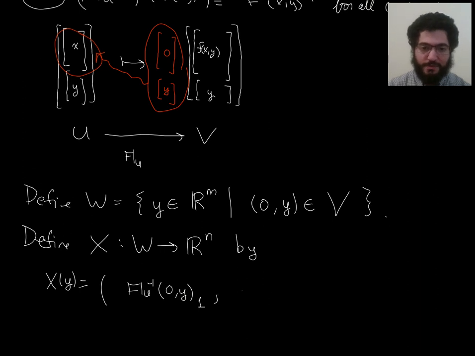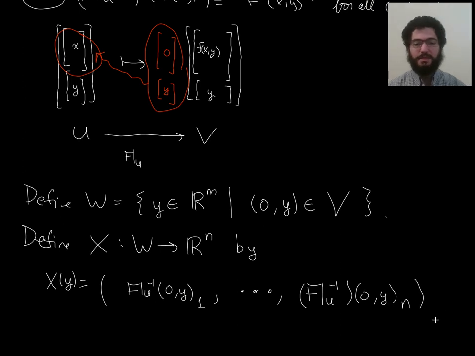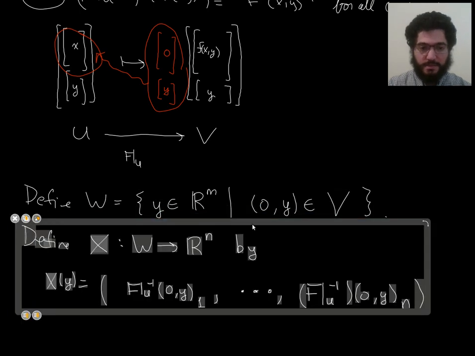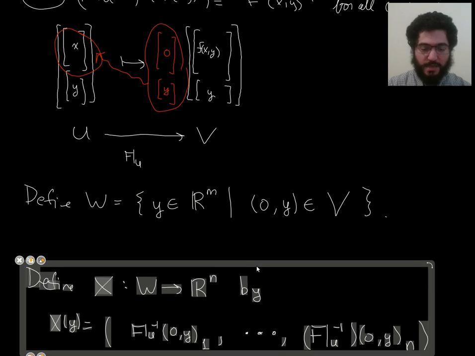Then take the second component, then the third component, and so on. And then stop. Even though there are more components, stop short. Stop at the nth one. So that's a way of putting it. I'm going to clean this up a little bit in a moment. So that's our definition for x.